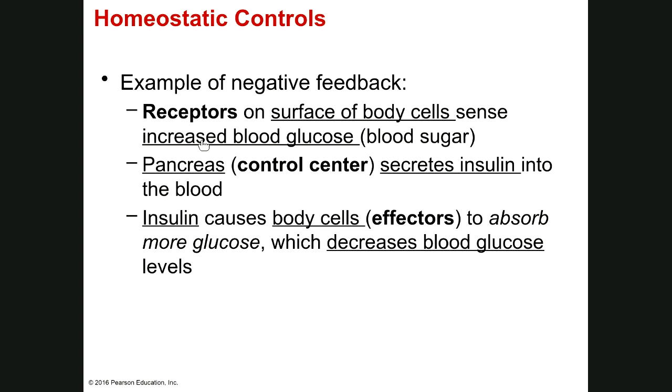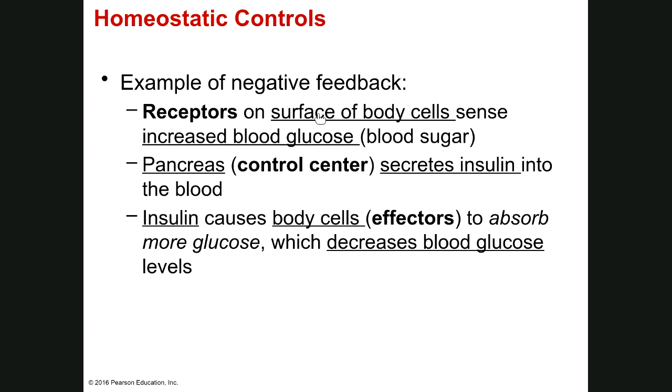This takes you out of homeostasis. High or increased blood glucose means your body is going to start off this negative feedback process, okay? So what's the receptor in this situation? Very simple. The receptor is the one that's picking up the initial change.